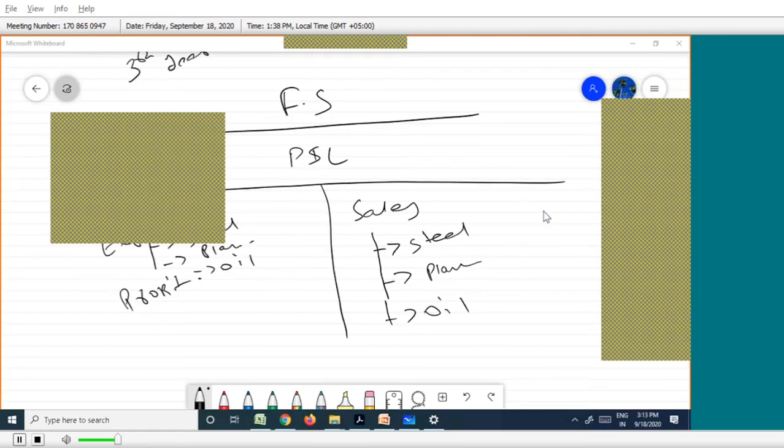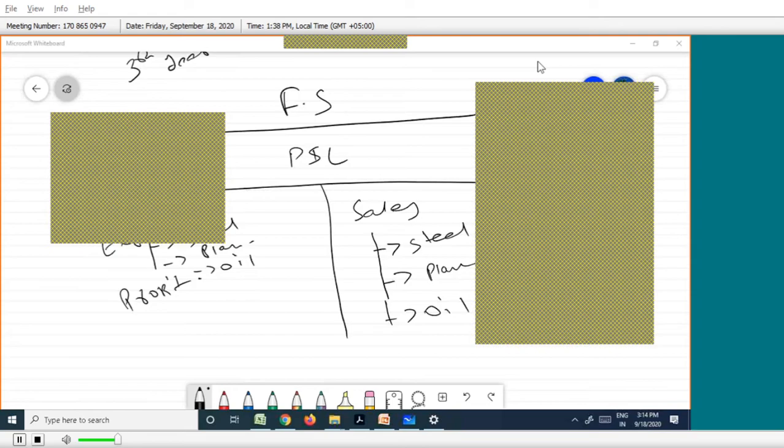Now let's go to AS 17. It is applicable to the presentation of general purpose financial statements and also to consolidated financial statements. What is a general purpose financial statement?